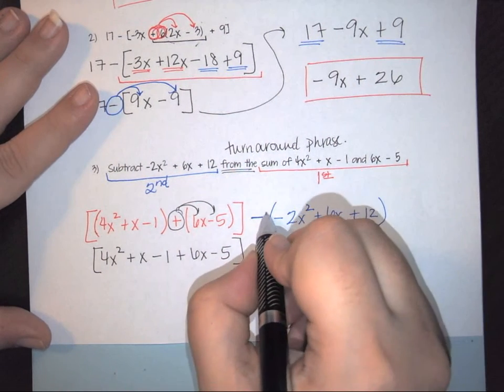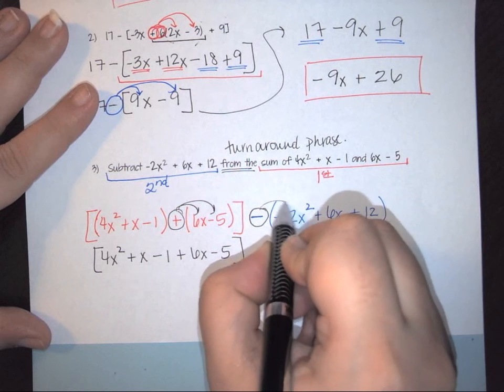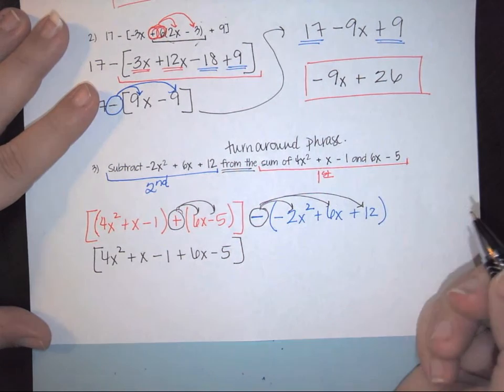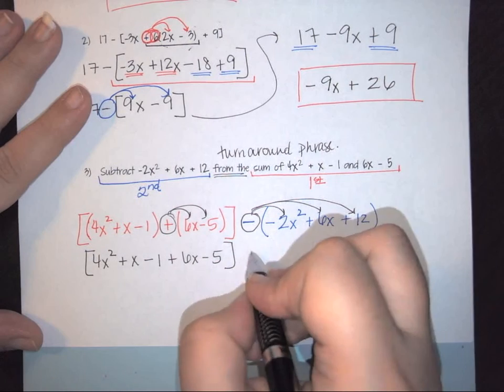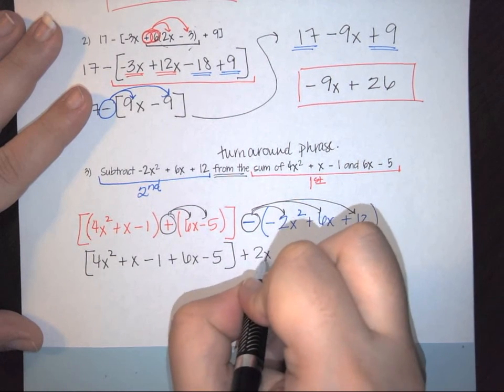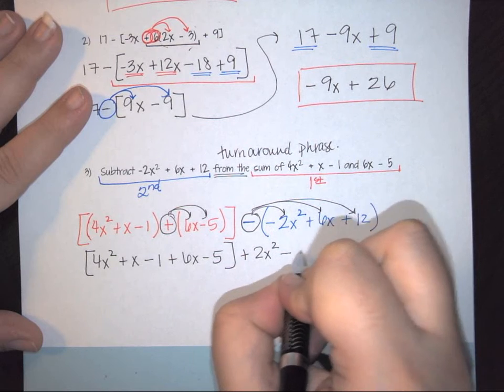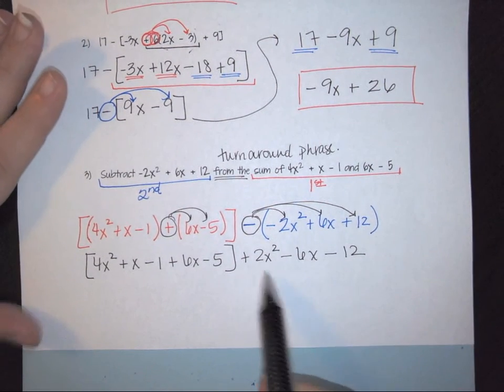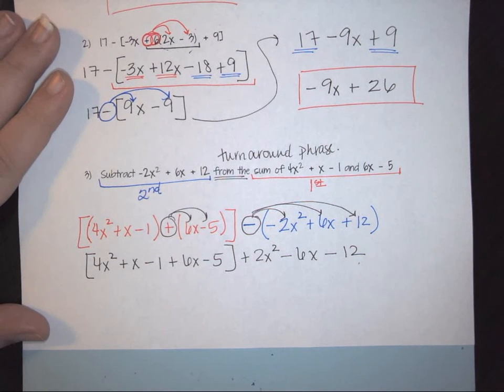Now the second one says I have to take this minus and distribute it through this whole parentheses. So this is going to be negative minus a negative, so plus 2x squared minus a 6x minus 12. So essentially all my signs have flipped.